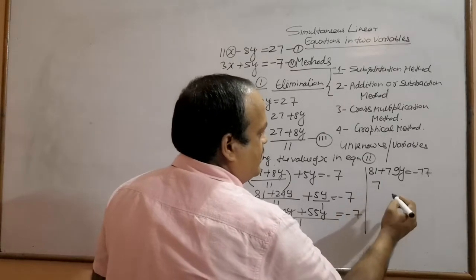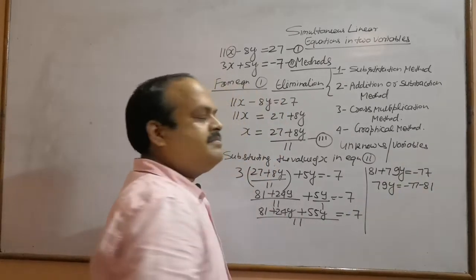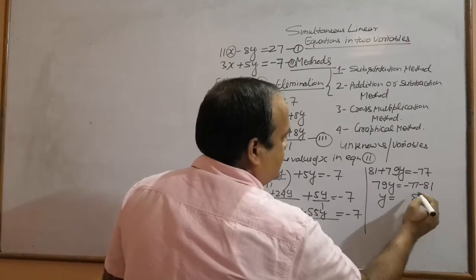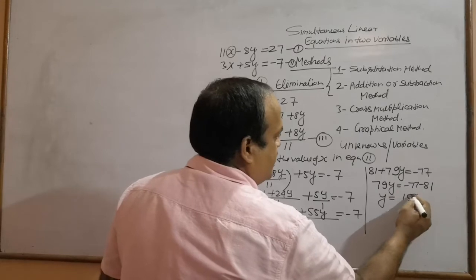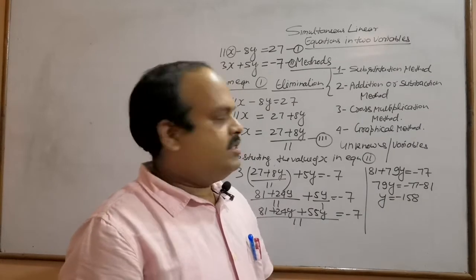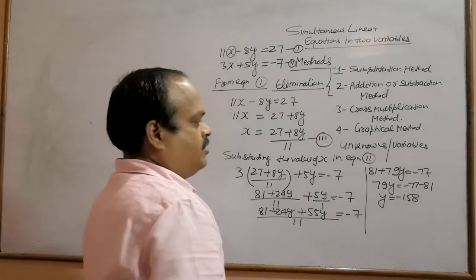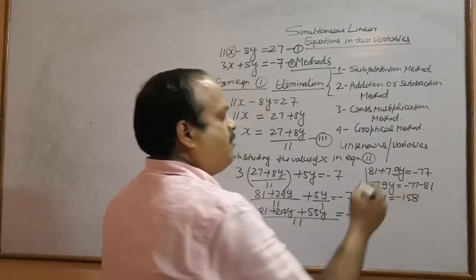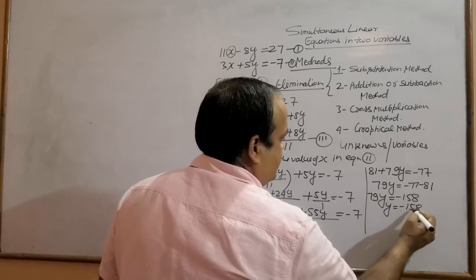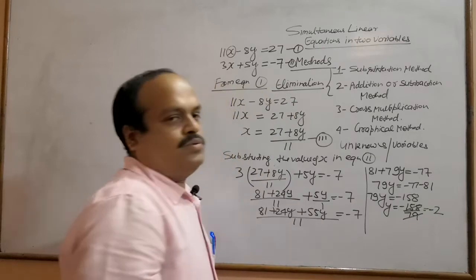So 79y equals minus 77 minus 81. I hope you know same sign should be added, so we add these two and keep the result negative. So 79y equals minus 158. So y equals minus 158 divided by 79. You will get minus 2.